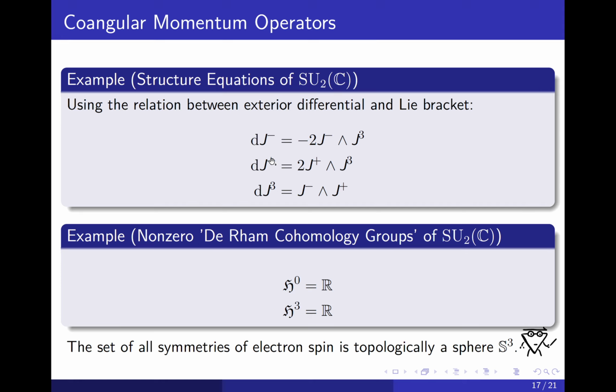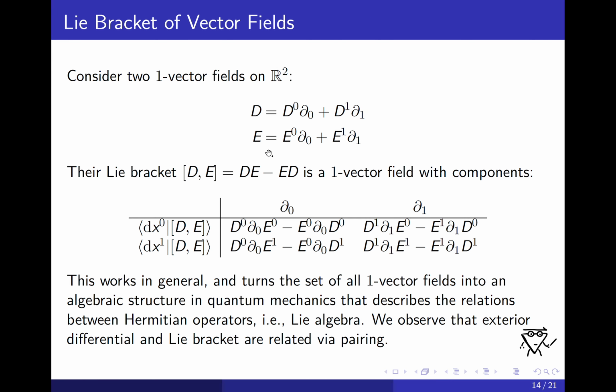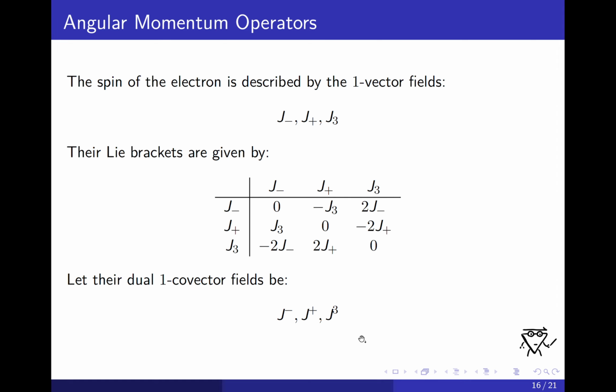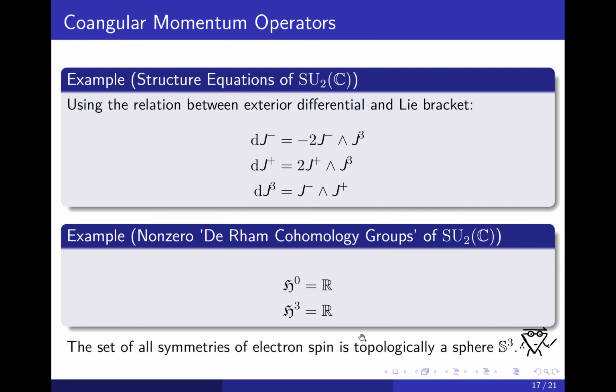And if you compute all those B, Z, and H, you will find the de Rham cohomology groups. The remark is that they are not really the de Rham cohomology groups, but they actually coincide. I just write down the non-zero ones.